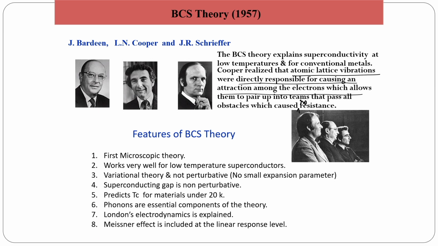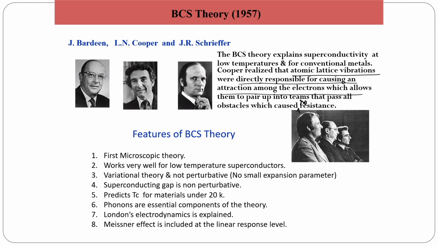It gave rise to the BCS theory, the first microscopic theory, and it works very well for low temperature superconductors. It is a variational theory, not perturbative; there is no small expansion parameter. The superconducting gap is non-perturbative, which means that by doing any order of perturbation theory, you can't solve the superconductivity problem.